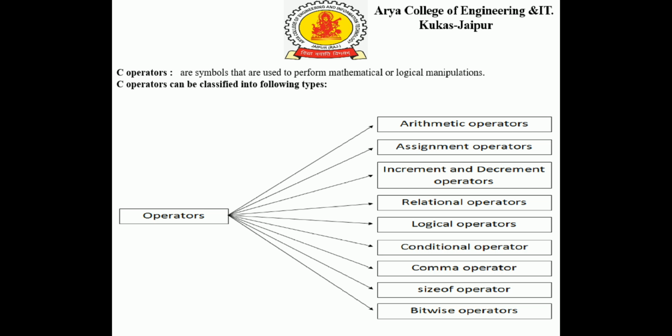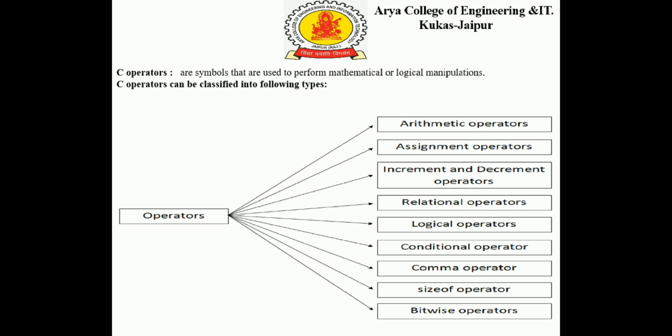Then the conditional operator. We have studied the ternary operator, a question mark with a colon, that is operating on three operands and finally giving the value to the variable. Then the comma operator is used in declaring different variables in a program.